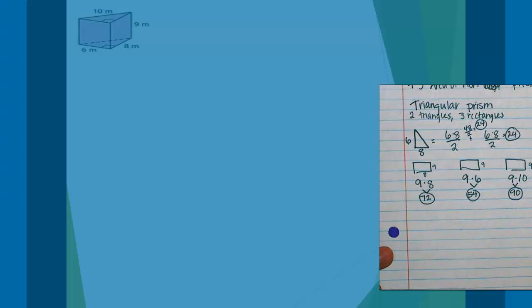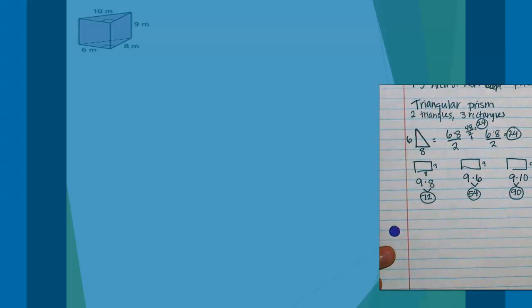So I've got 4, 8, 12, 13, 14. Carry my 1, 2, 4, 5, 10, 17 plus 9 would be 26. So my answer for this, the surface area of this triangular prism would be 264 square meters. I'm done.